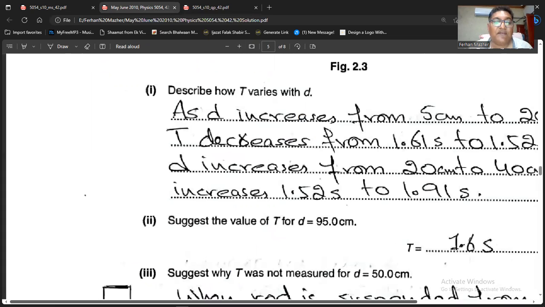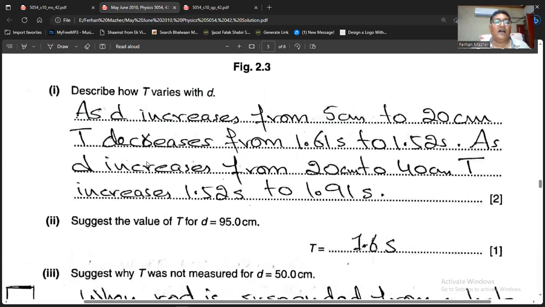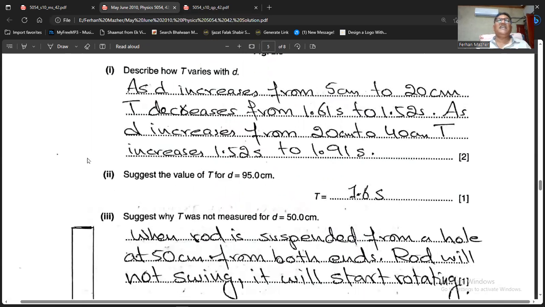So here it says, as the D increases from 5 centimeter to 20 centimeter, the T decreases from 1.61 seconds to 1.52 seconds. As the D increases from 20 centimeter to 40 centimeter, the T increases from 1.52 seconds to 1.91 seconds.